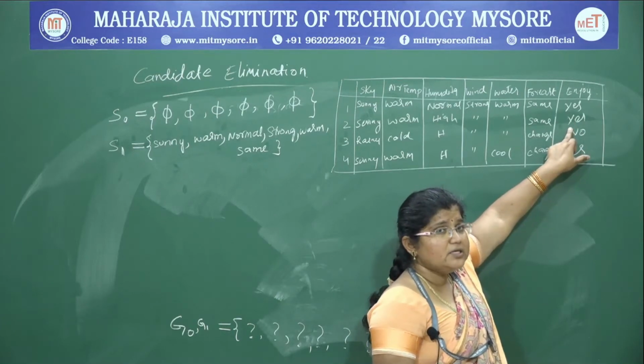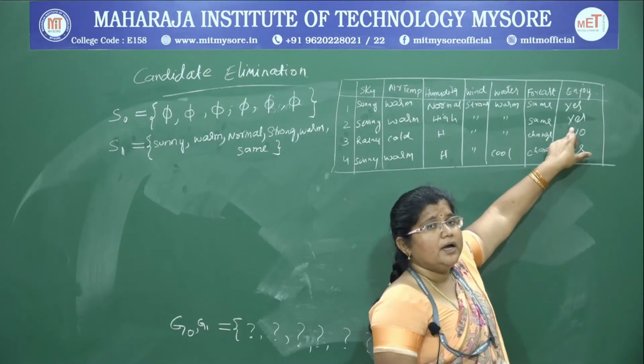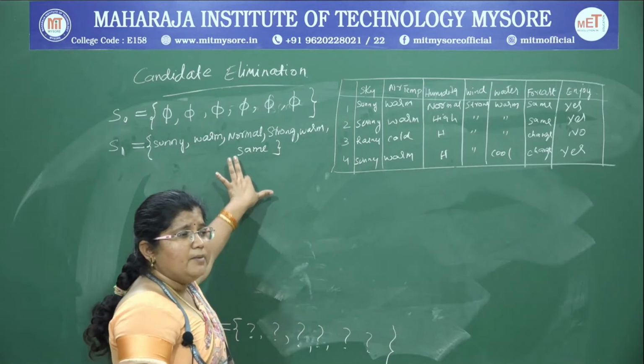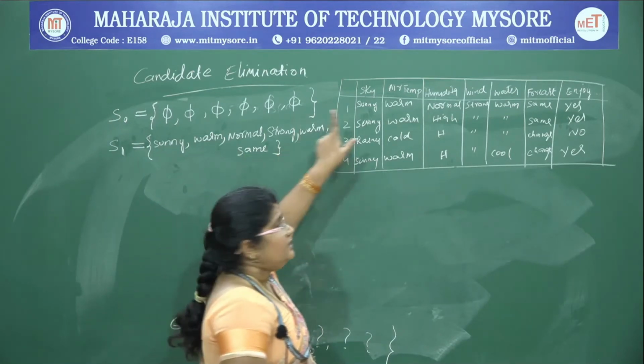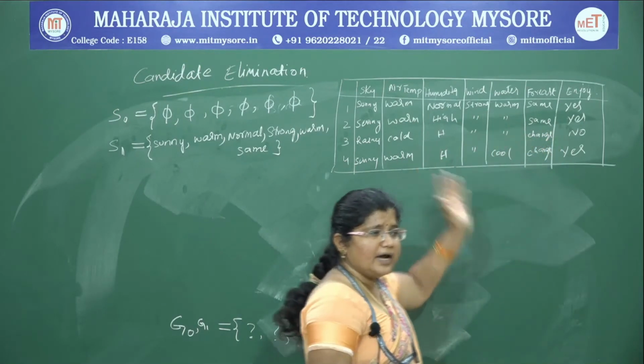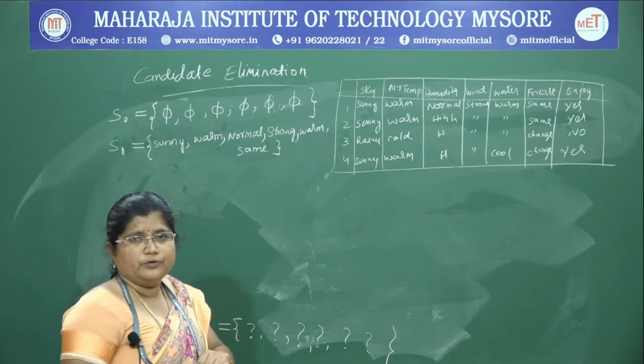Once again we come across a positive training example. So the newly generated hypothesis is compared with the second training example's attributes to make it more generalized than before.